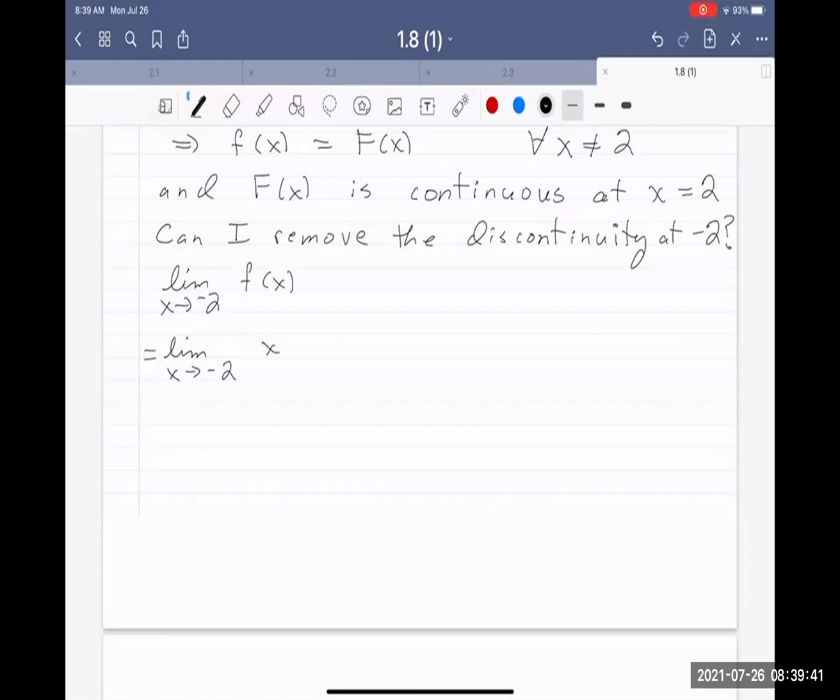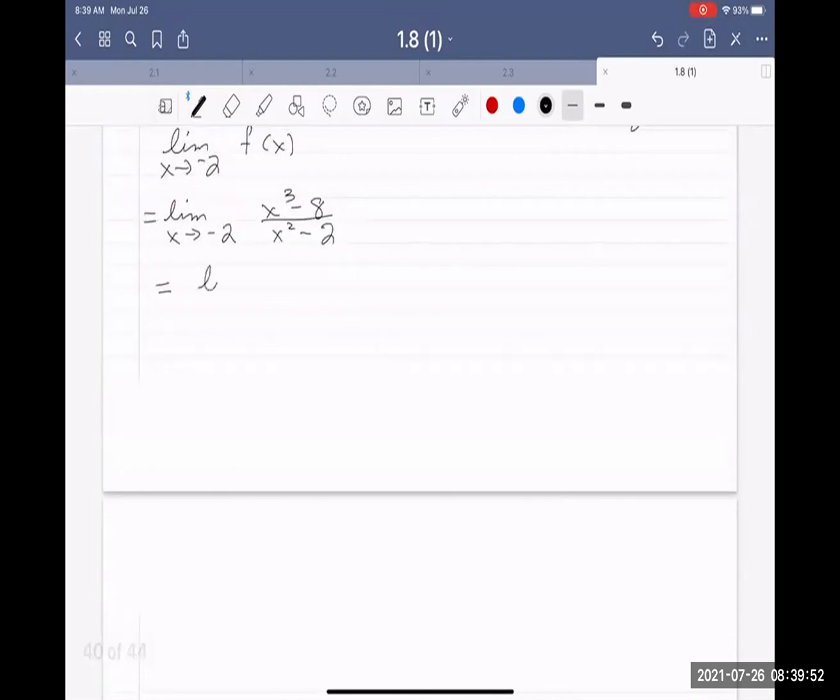So it's x cubed minus 8 over x squared minus 4, which is equal to, just like before, I can factor it as x minus 2 times x squared plus 2x plus 4 over x minus 2 times x plus 2.